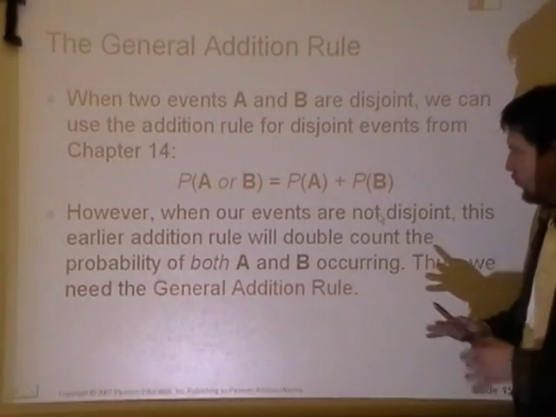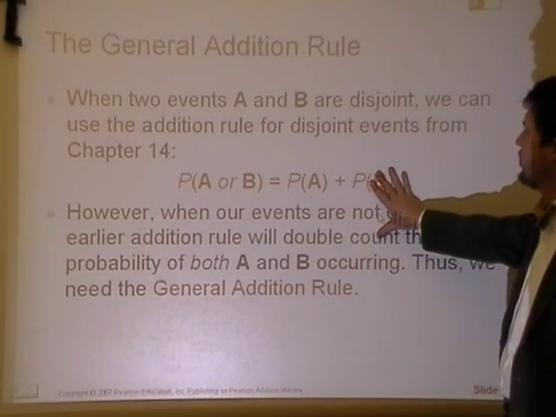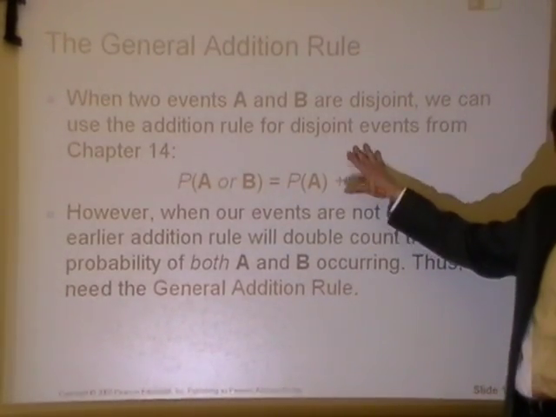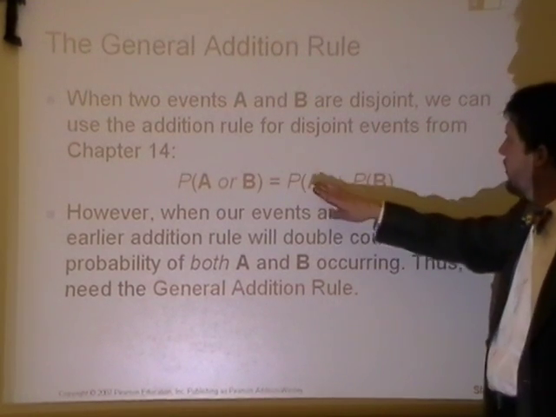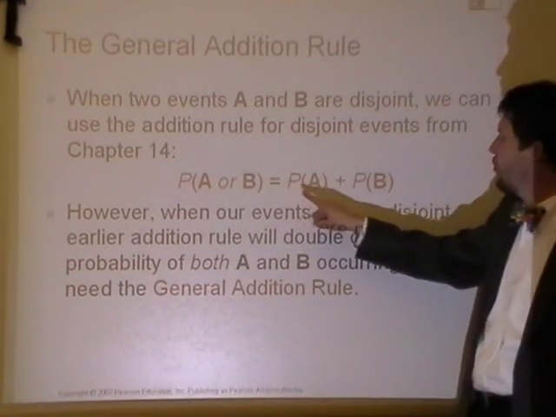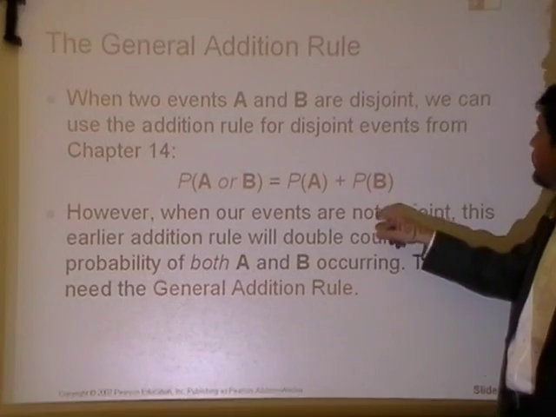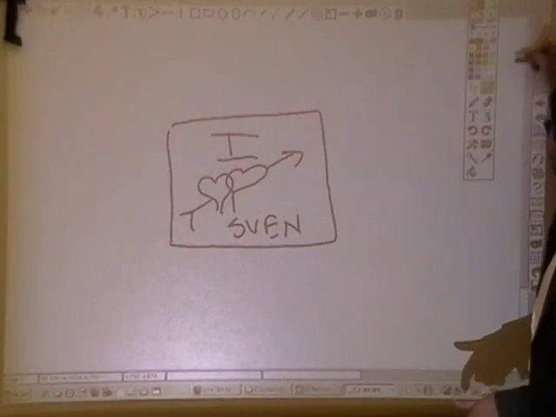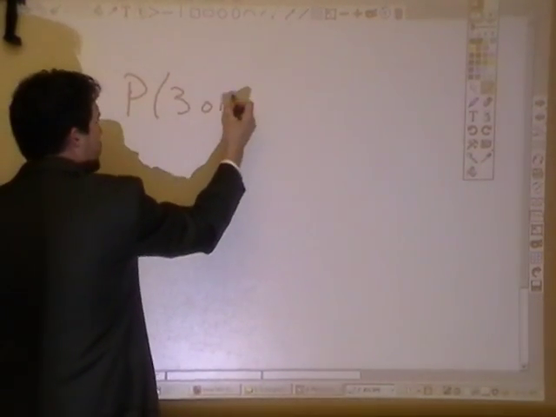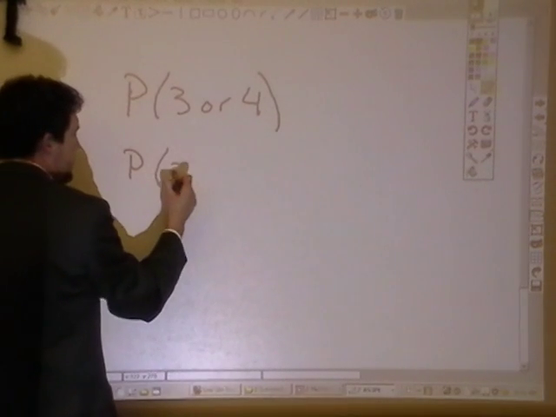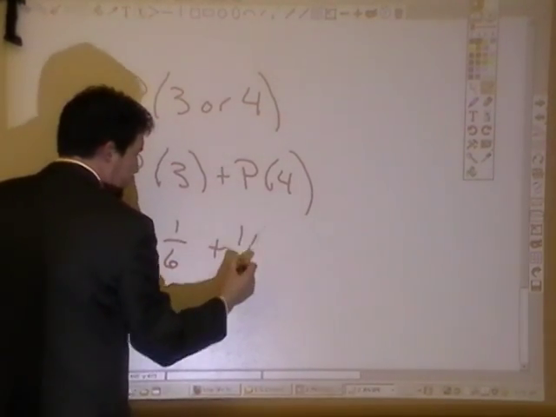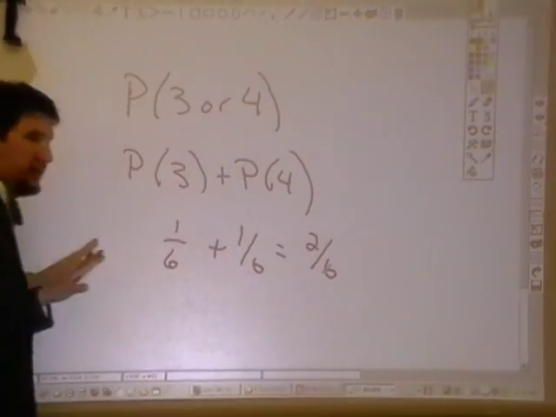Alright, so what we talked about before is the addition rule, which said the probability of A or B. If I have disjoint events, meaning that in the Venn diagram the circles do not intersect, then the probability of A or B is equal to the probability of A plus the probability of B. So if I was rolling a die, the probability of getting a 3 or a 4 would be the probability of getting a 3 plus the probability of getting a 4, which would be 1/6 plus 1/6, which would be 2/6, and we would leave it as 2/6.